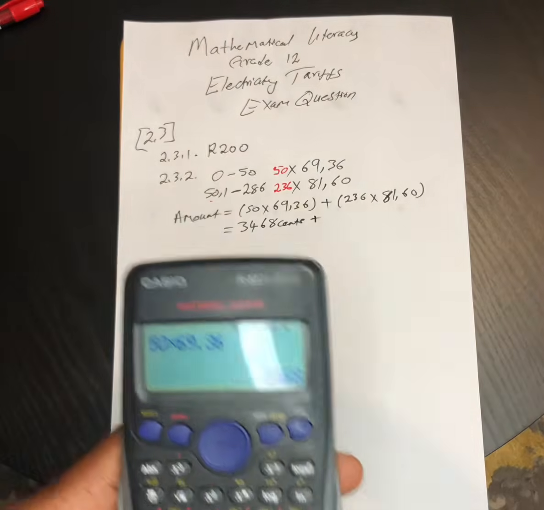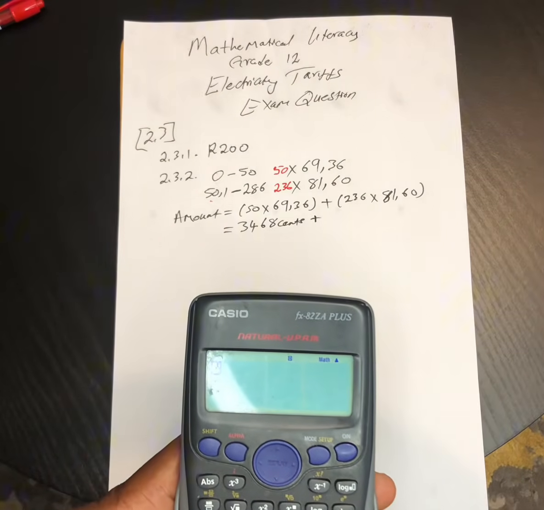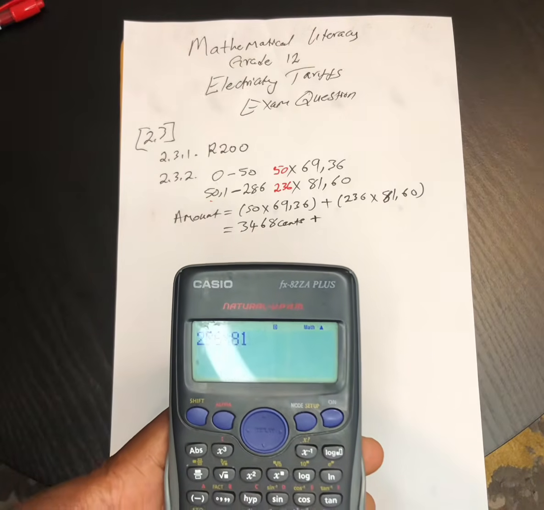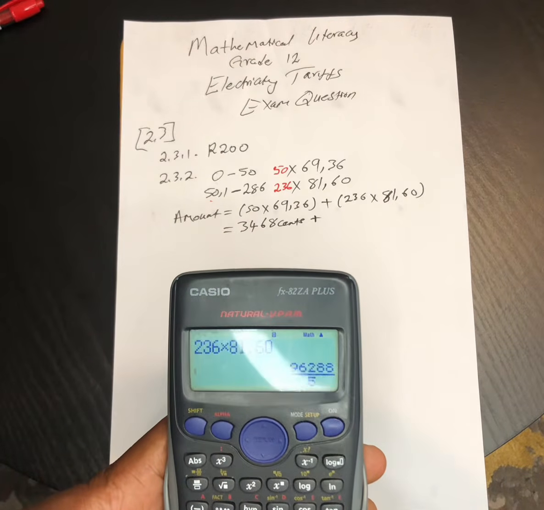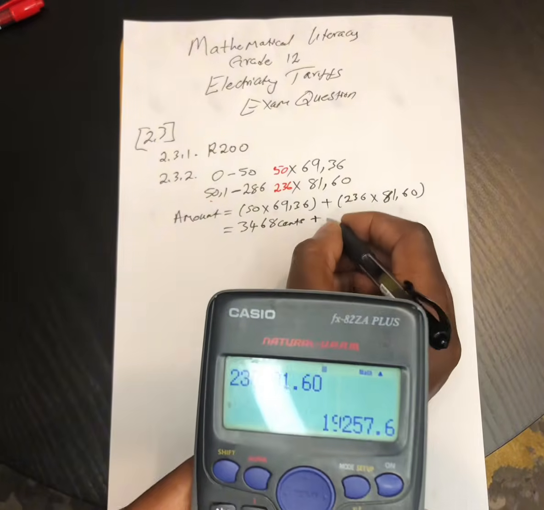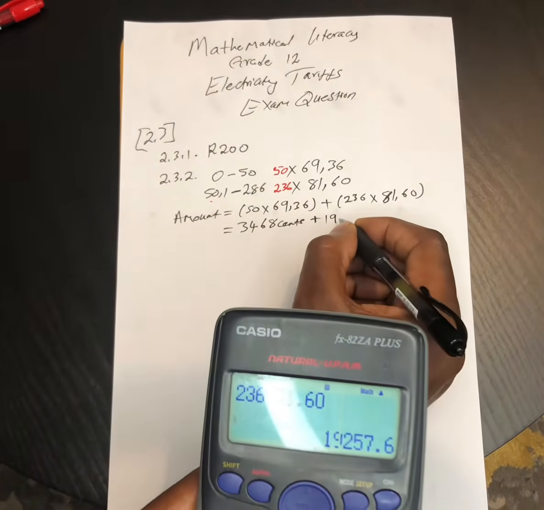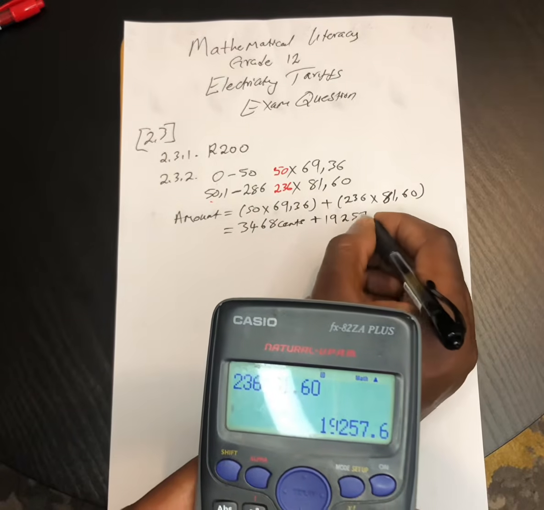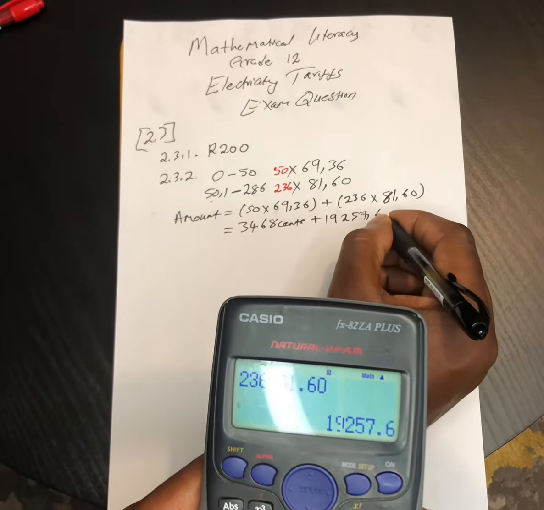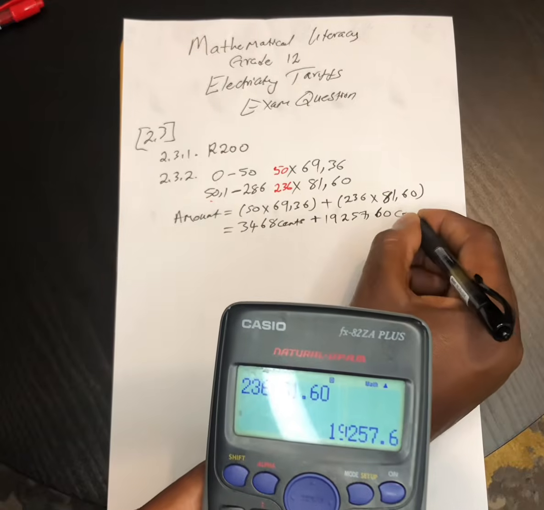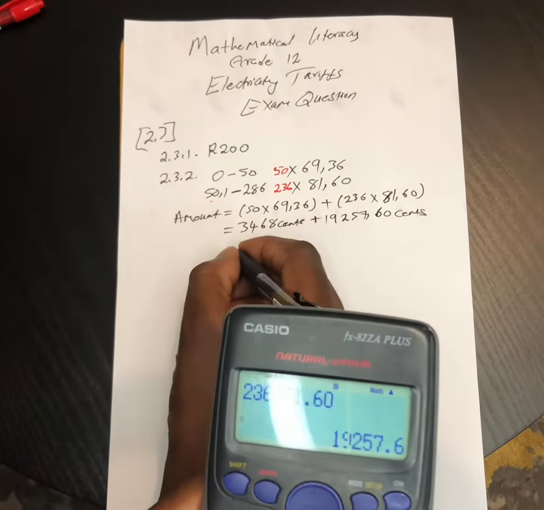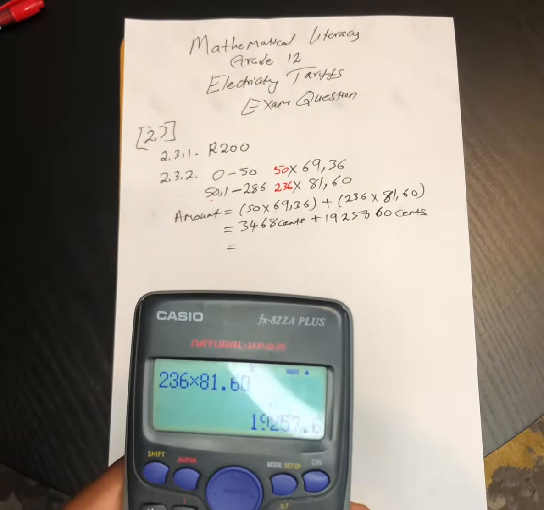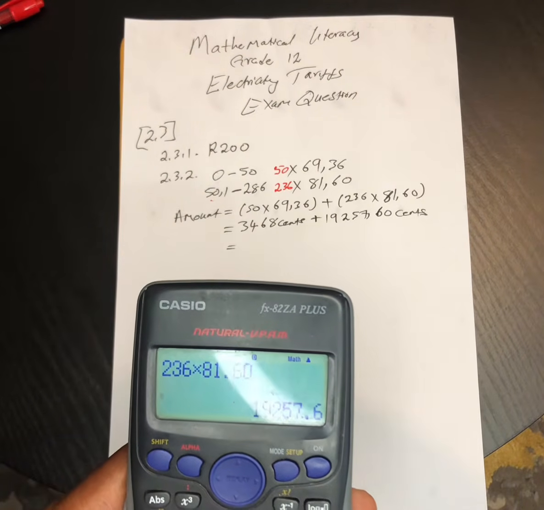Plus 236 multiplied by 81.60. The answer is 19,257.60. And then let's add these together.